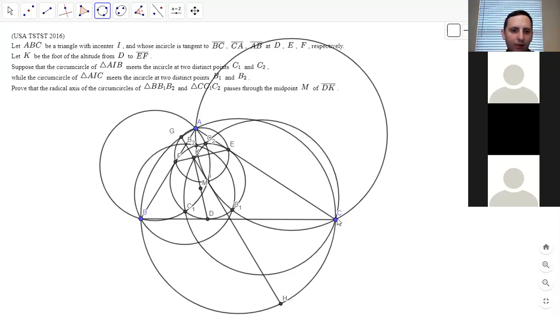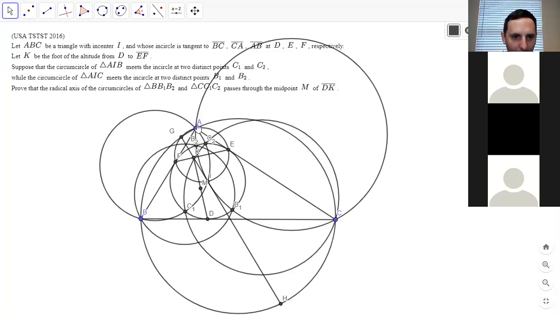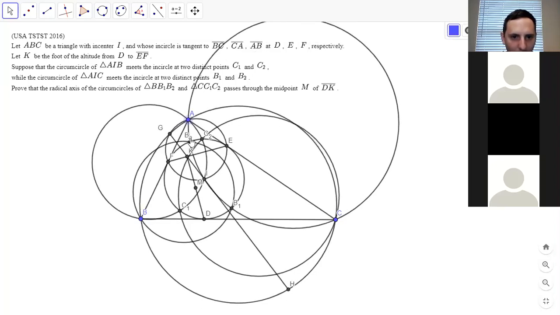So a lot of stuff in this diagram. It almost looks like these concur. I doubt they do. Yeah, they don't concur. So yeah, it's a pretty picture.